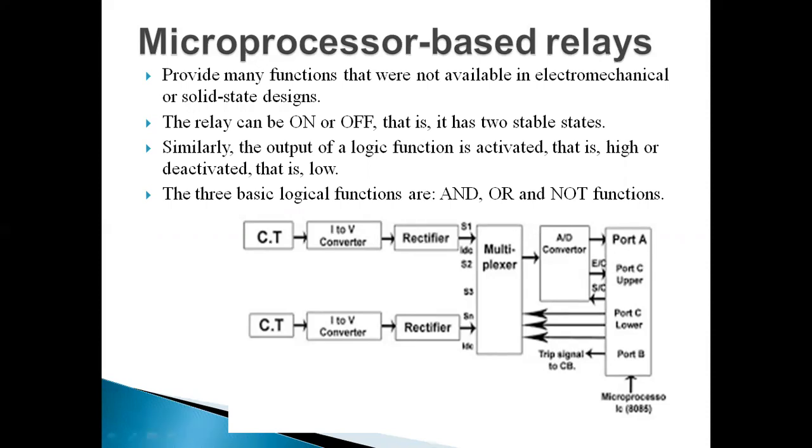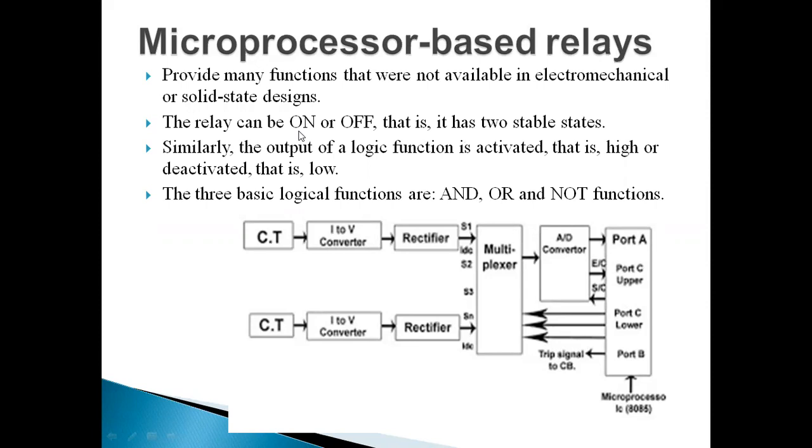Now, microprocessor based relay. You already studied microprocessor and controller in third year. Here this is the advancement, as I told you. This microprocessor based relay provides many functions that were not available in the electromechanical or solid state designs.